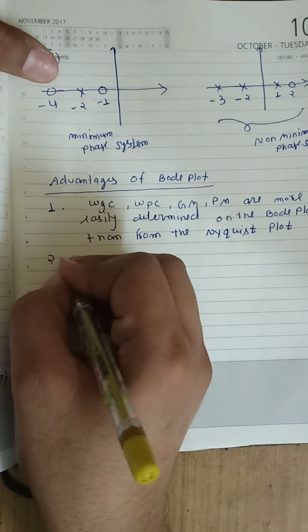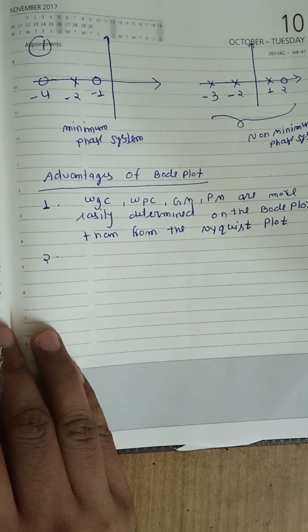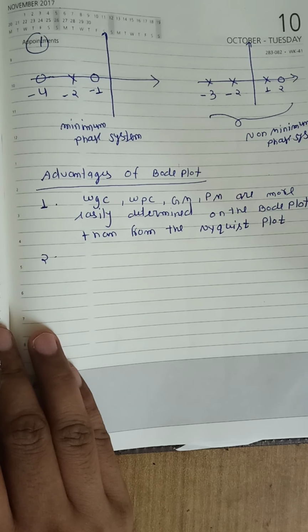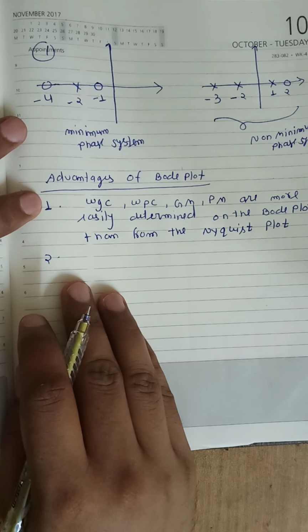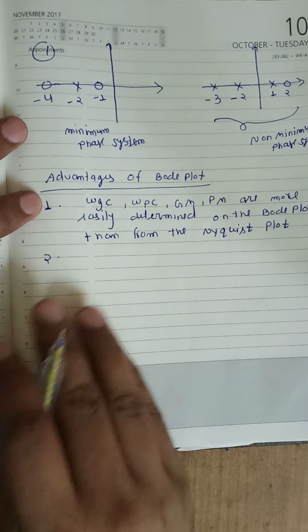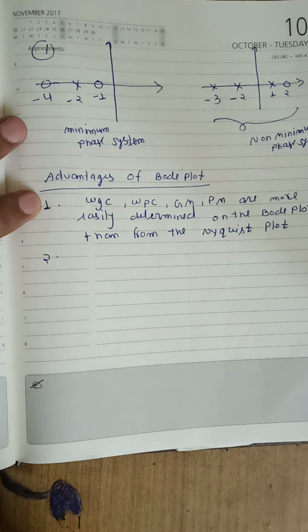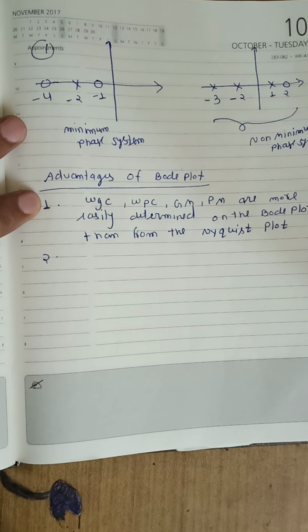After that we can easily determine the stability for the system. Next advantage is that for design purposes, the effects of adding controllers and their parameters are more easily visualized on the Bode plot rather than the Nyquist plot.